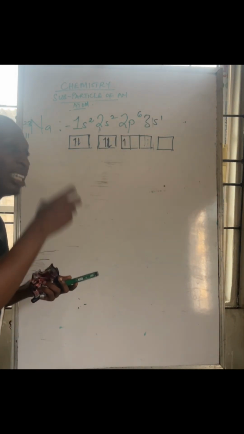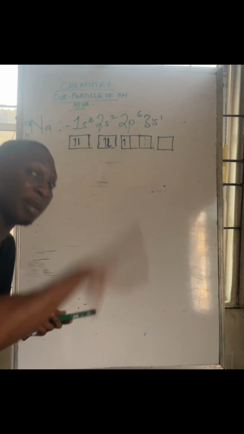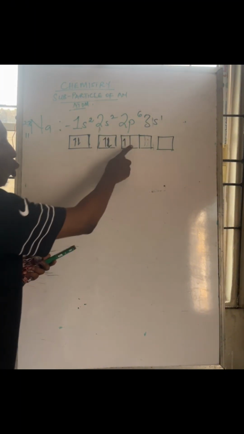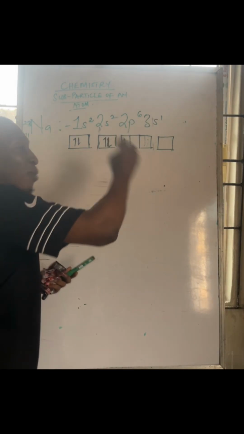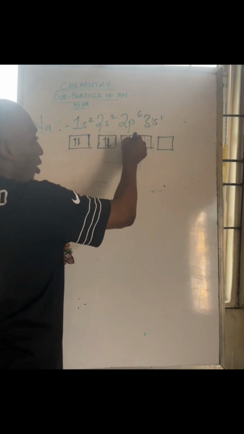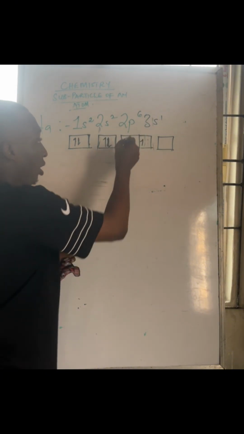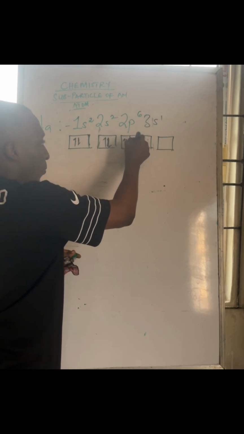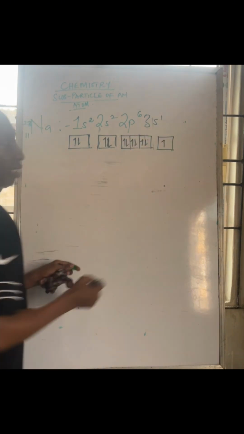Electrons occupy each orbital singly, one after the other first, before you start to pair. So I am going to 6, but the rule is I must fill them one after the other first before I pair. 1, another one. How many more is needed? 3, then I start to pair them. And for this, I have something like this.